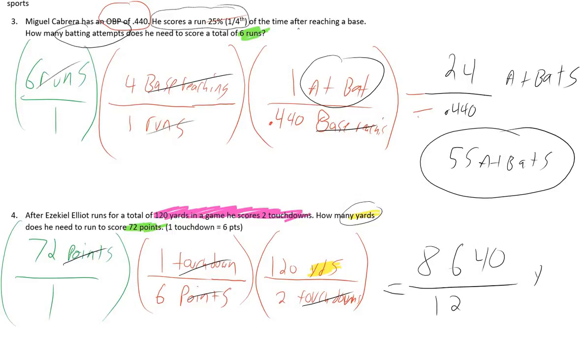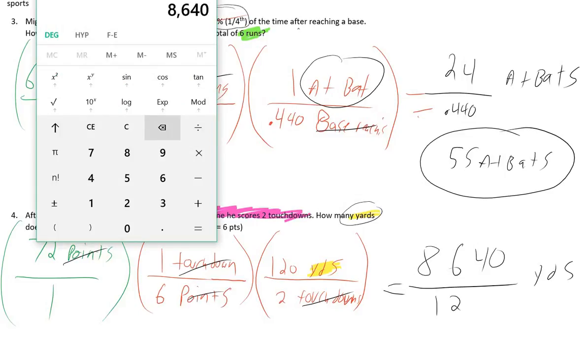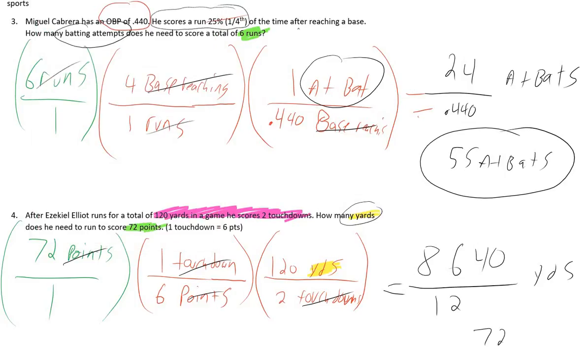All right, yards. Once you simplify this, remember all fractions are like disguised division problems, which is the numerator divided by the denominator, and you end up with 720 yards he needs to run in order to be accountable for 72 points.